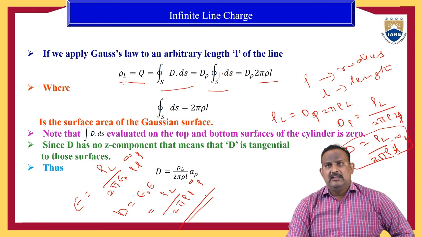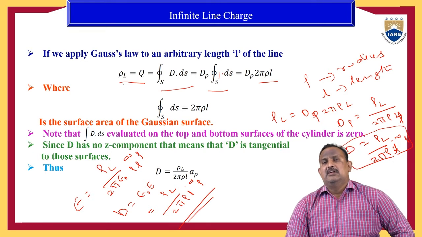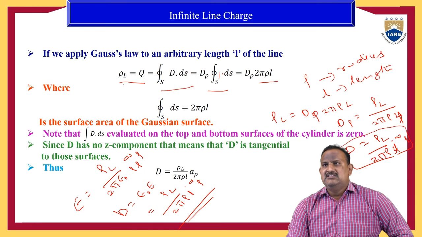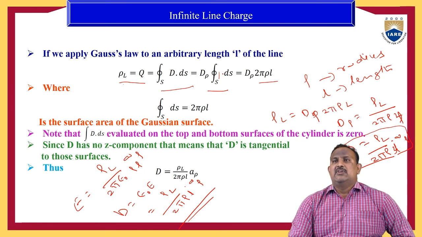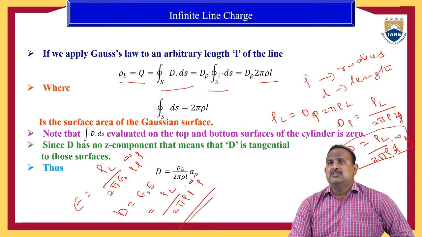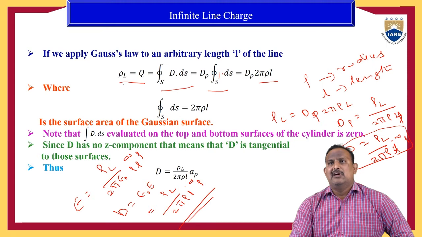So this is the electric flux density of an infinite line charge when we apply Gauss law. In this way, we can apply Gauss law to an infinite sheet of charge, or we can apply it to volume charge also.